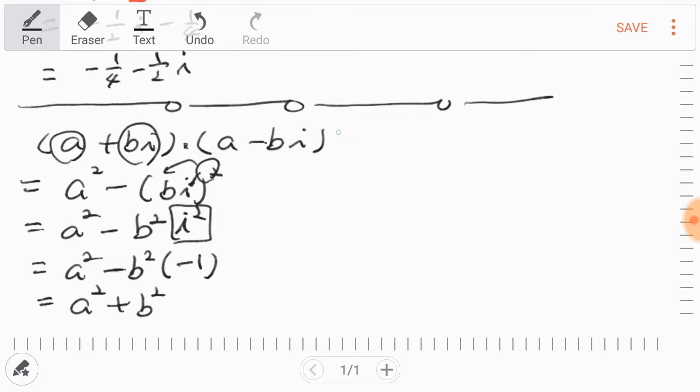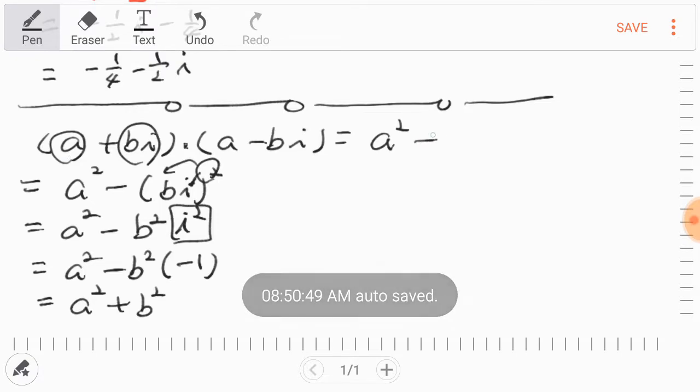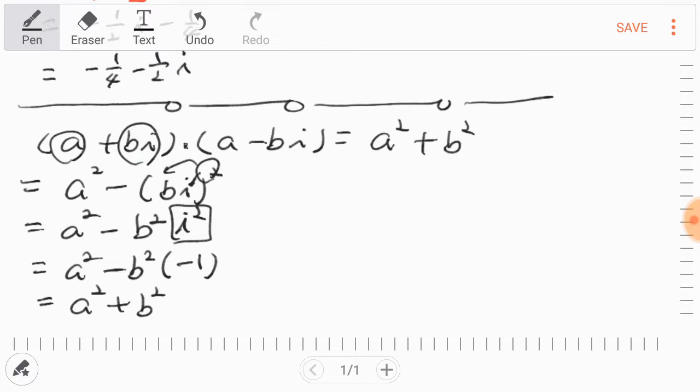So when you multiply the conjugates of a complex number, it is just a squared plus b squared: multiply the first term twice, plus the second term b twice. This is just a hint for multiplying complex conjugates.